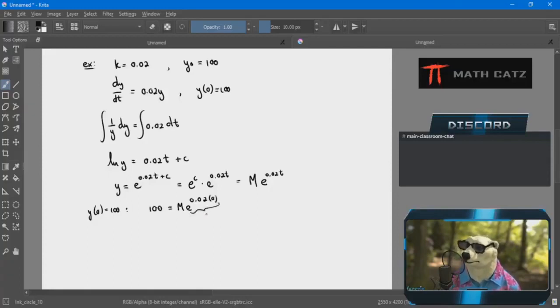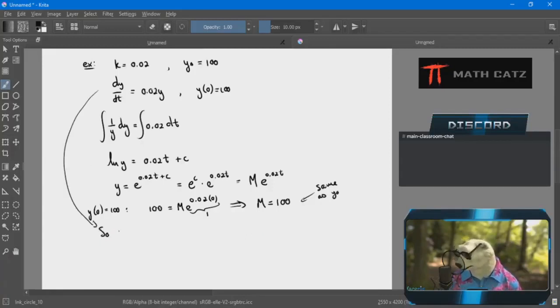And so e to the 0 is 1, and that leads me to this integration constant being 100, which is the same as my initial population size. So my function, which is the solution to the differential equation, is y as a function of time: initial population size times e to the 0.02 growth constant times t.